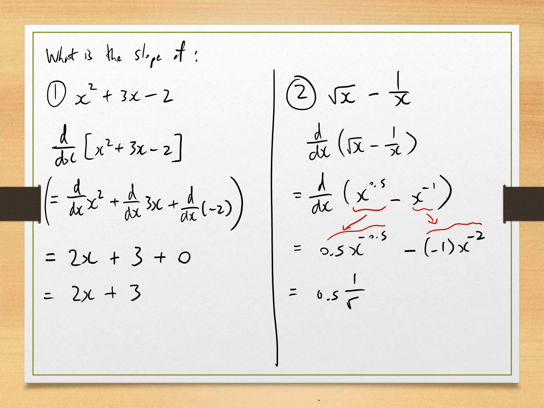You don't need to do this in the exam, but it's up to you. So that's 1 over 2 root x, and then minus 1 over x squared.